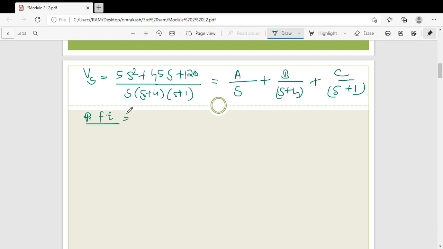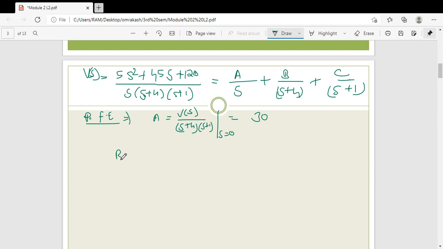So you can easily find out A, which is nothing but V of S, okay, this is your output and we represent this output in terms of S. So V of S divided by S plus 4, S plus 1, by putting S equal to 0, right? When you solve it, you can find this A value, which is equal to 30.